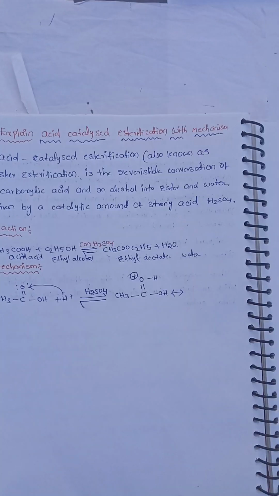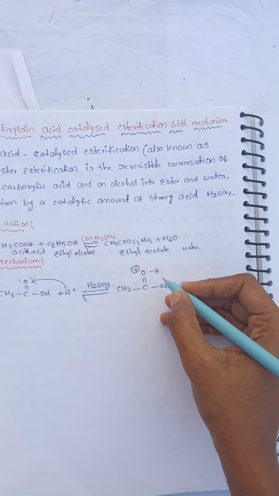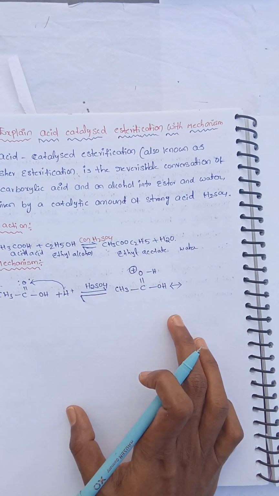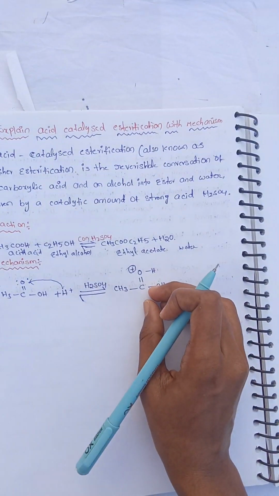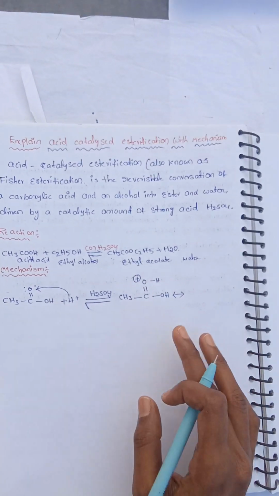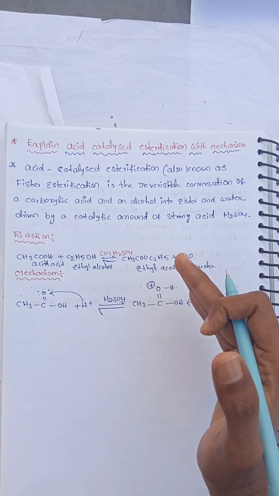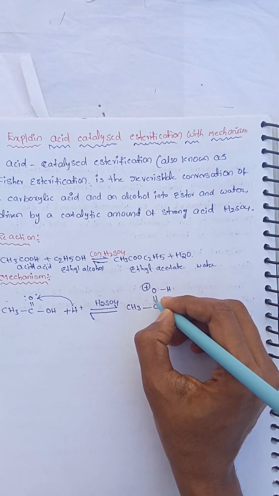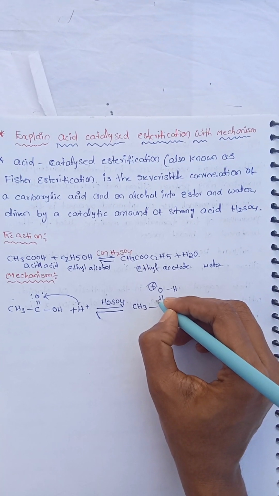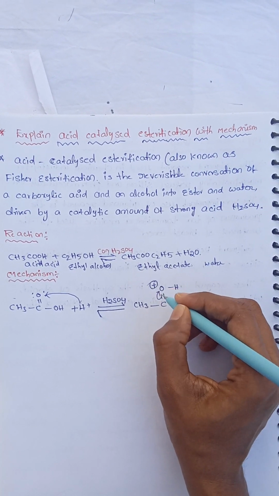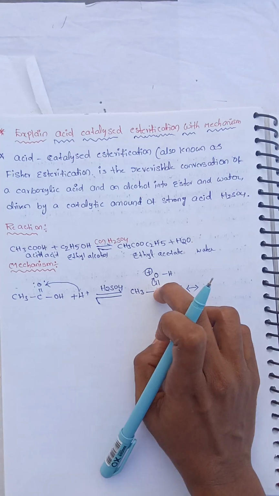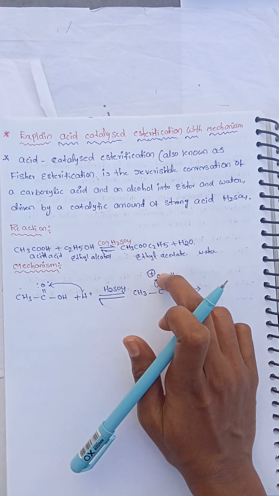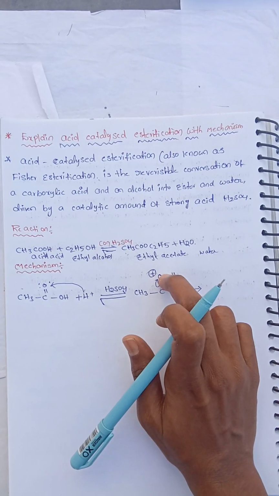Coming to the next, when oxygen gets a positive charge, you have to nullify that positive charge. What is the process? You have to remove that positive charge. How? Here a double bond is there, and this double bond is attracted to the positive charge side.